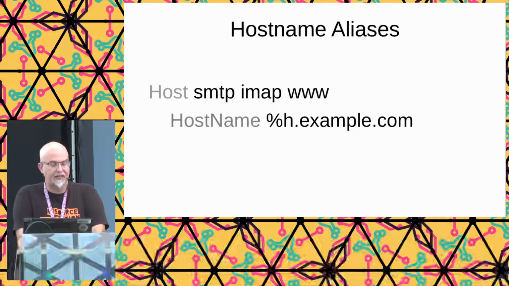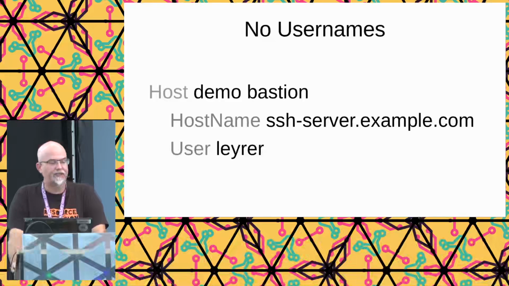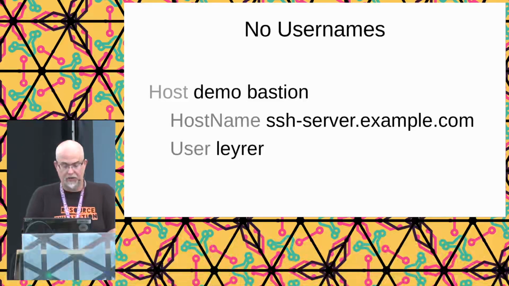The other thing we can cut down on typing is, of course, the username. So I still have to type ssh username at host or at alias. Fortunately, the config file also has a user directive. So I can specify a username I want to use for that particular host or alias, which cuts down on the amount of typing tremendously.